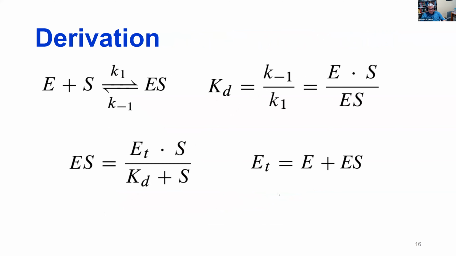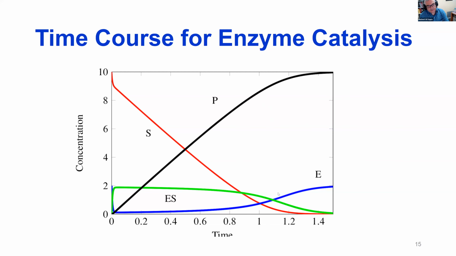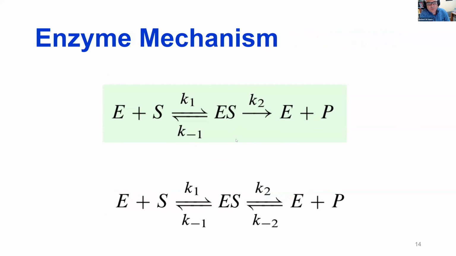So why don't we do this? We can do two things. We can assume that ES is relatively constant here because it's in equilibrium with the free enzyme and the substrate. So in the middle portion, E and S and ES are in equilibrium with each other. That's one assumption we can make.